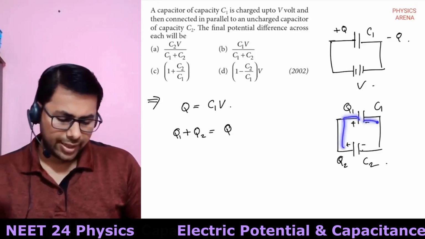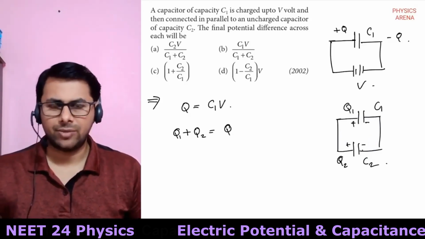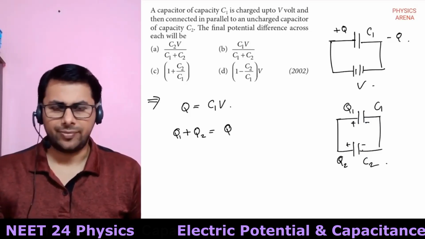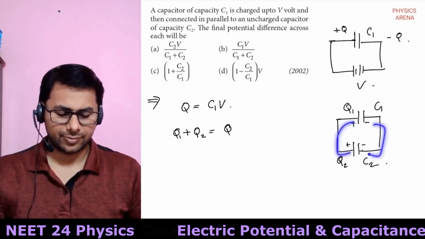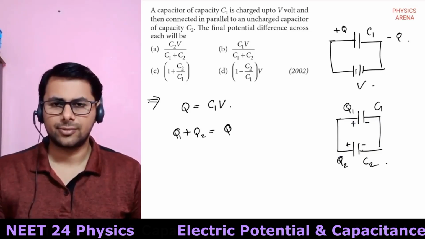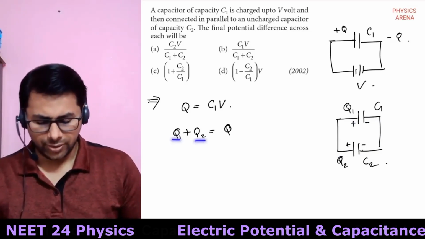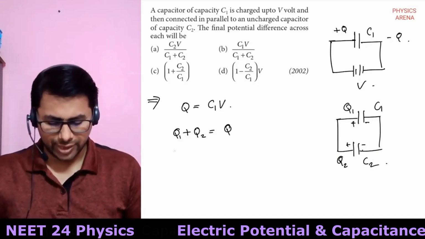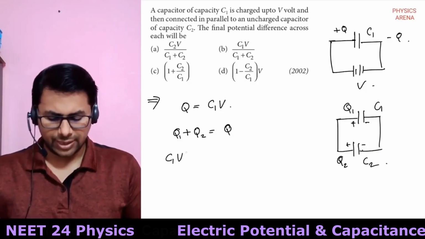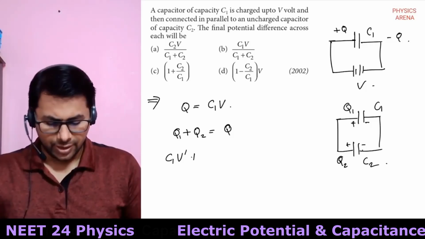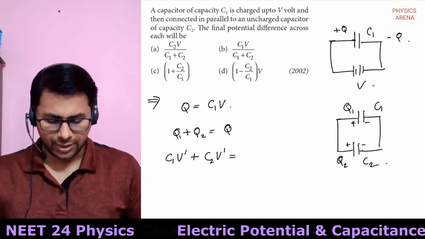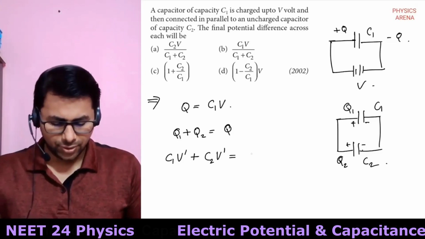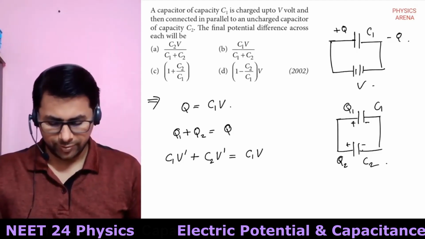So now they are connected in parallel, so potential difference across them will be equal. So how can you write this charge Q1 and Q2? Q1 is equal to C1 times whatever is the potential, and Q2 is C2 times whatever is the potential. So that is equal to Q. So Q is equal to C1 times V.